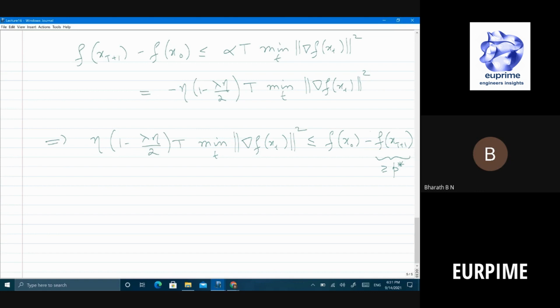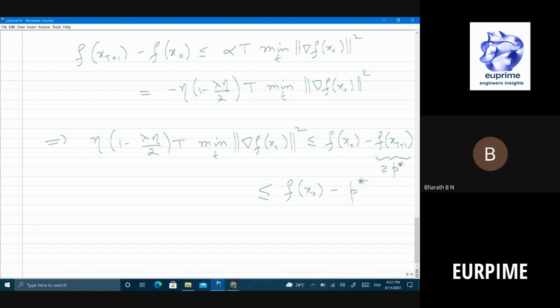So now if I replace f of x_{T+1} by p star, it will always give me an upper bound, right? I'm making the one that gets subtracted smaller, so it should be larger, right? So f of x_0 minus p star. Of course I'm assuming that the function is well behaved in the sense there is a minima. So it's not like going down forever.